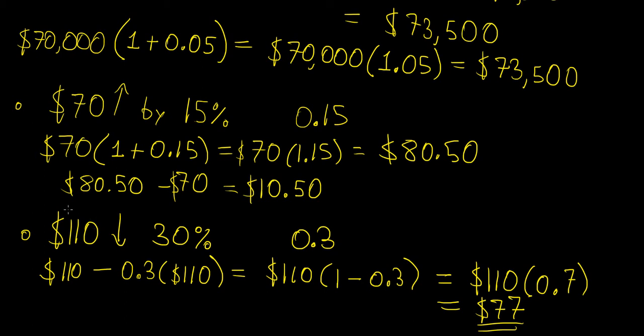So if you were to get a product like a t-shirt, for example, or a pair of shoes, and you were to decrease the price by 30%, then $77 is the amount that you would be looking at.